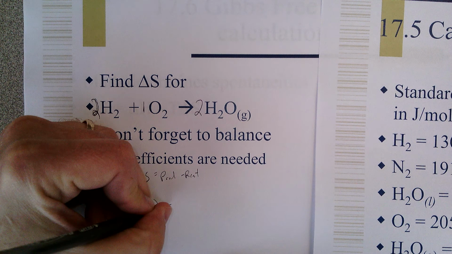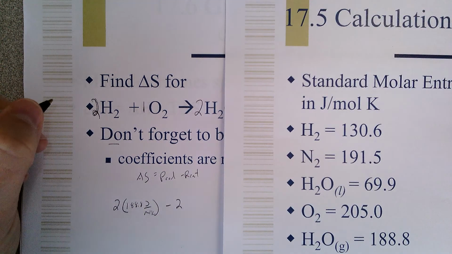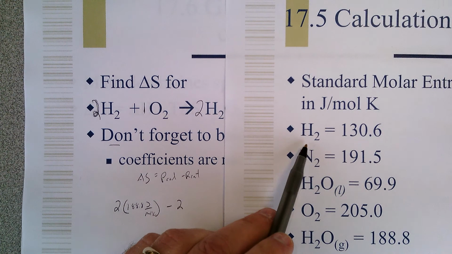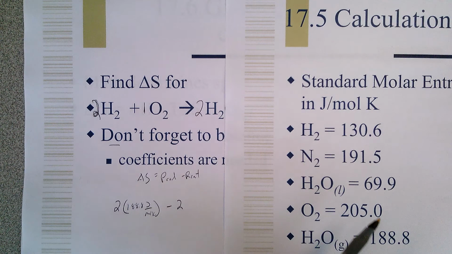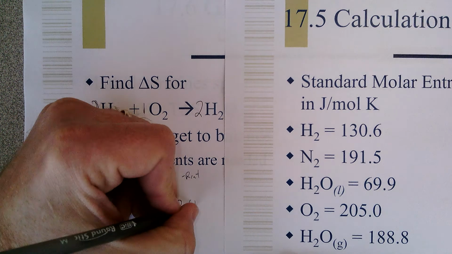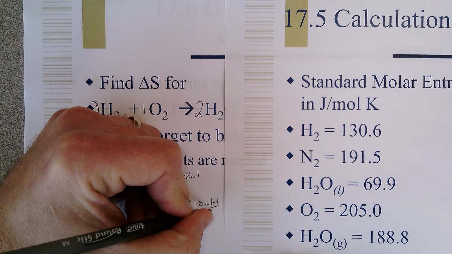And we will subtract that from 2 times hydrogen. Hydrogen is a pure substance and it's only an element, but it's not a pure crystalline solid at 0 Kelvin, so it's not going to be 0 entropy. So 130.6 joules per mole Kelvin.